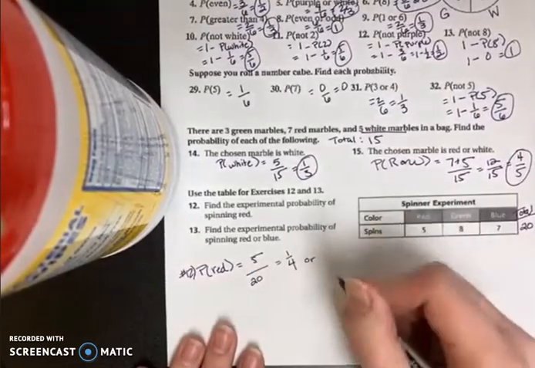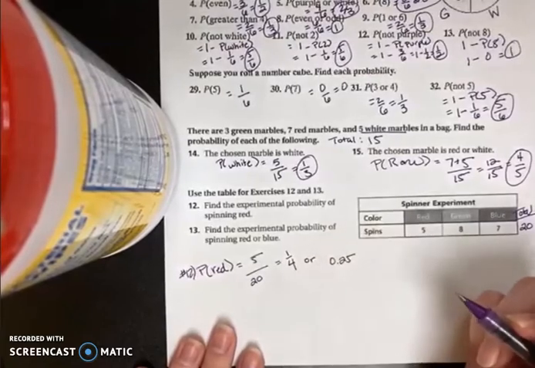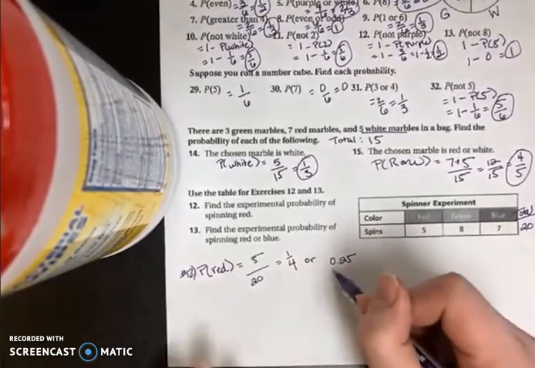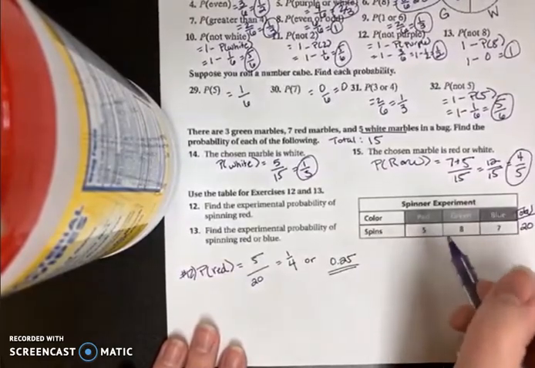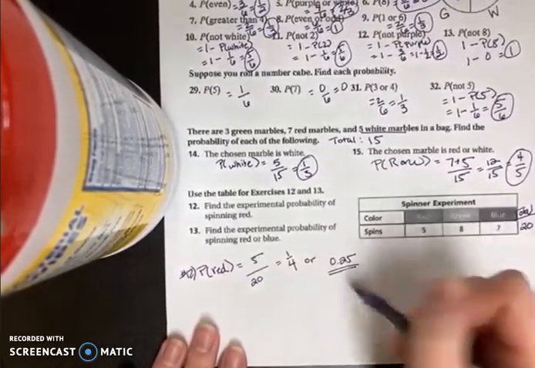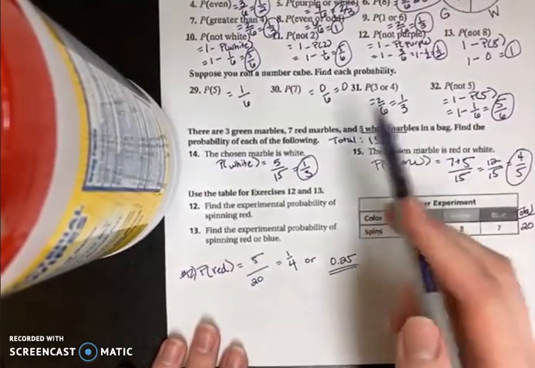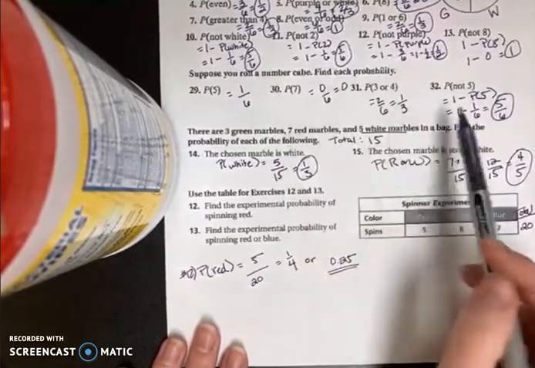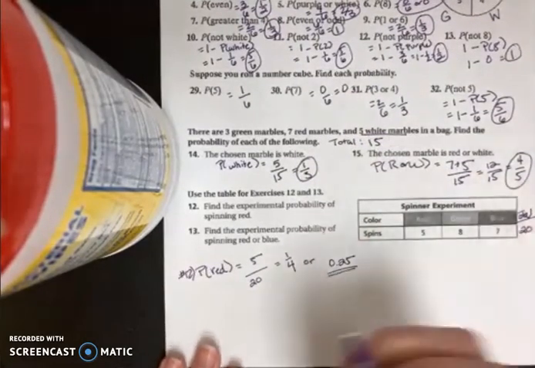Or that means 25% of the time it landed on a red. We only have to do the decimals when doing experimental probabilities. So when I give you a bar graph or a table or something like that, we never have to do decimals. In fact, I don't want decimals for theoretical probability.